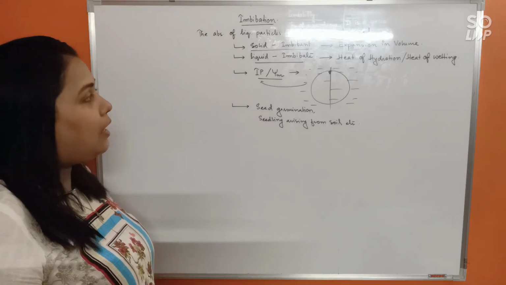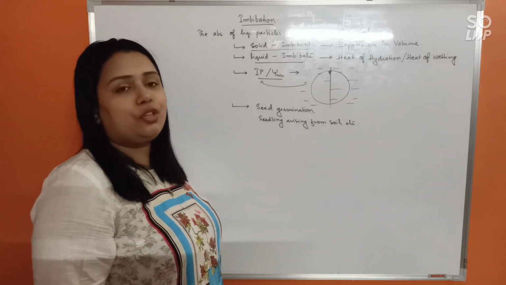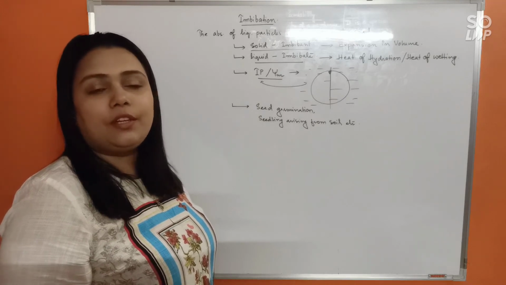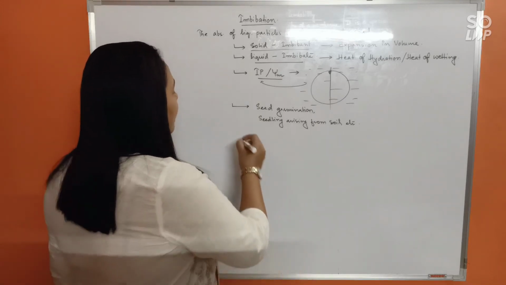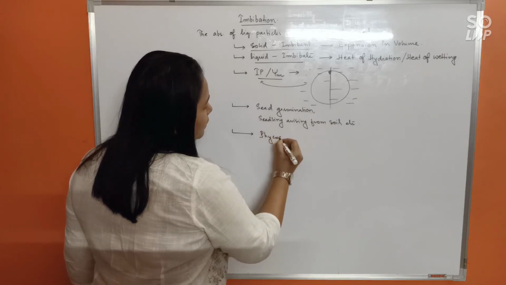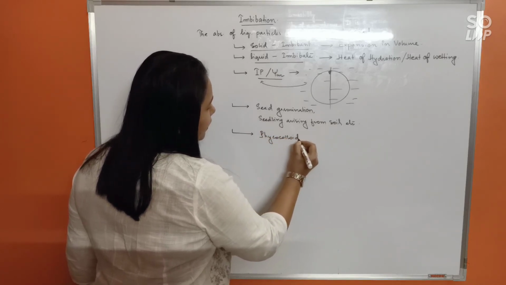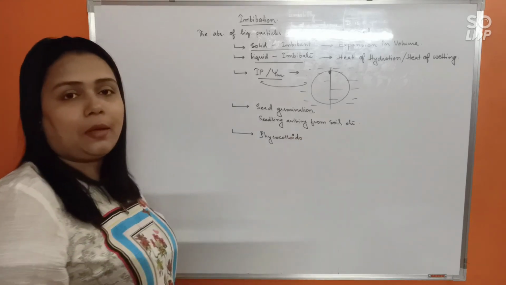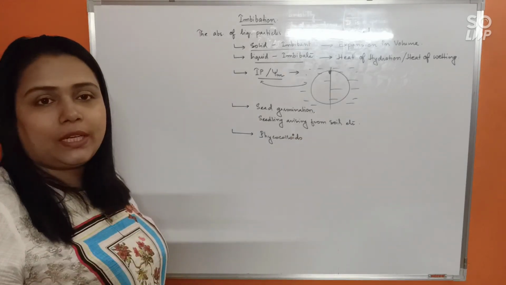Now, last thing regarding imbibation that you should remember is that among the various plant parts, the best imbibant would be phycocolloids. Not everything can undergo imbibation at an equal ease, right?